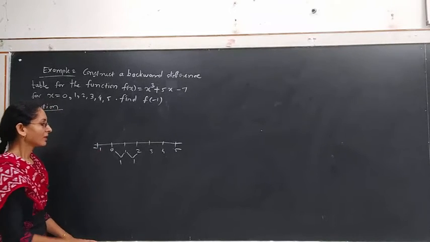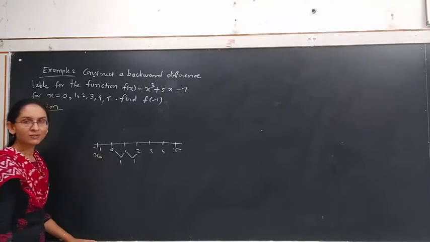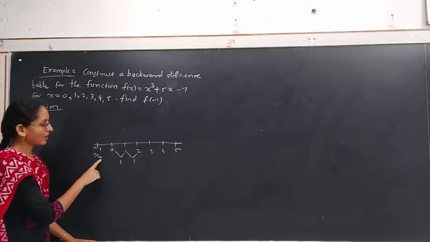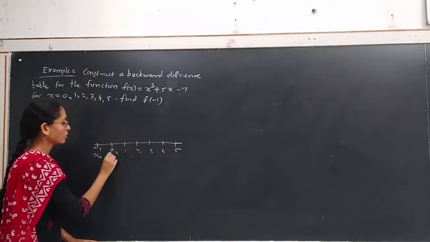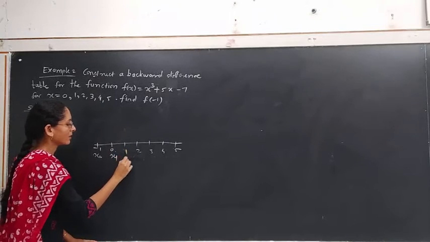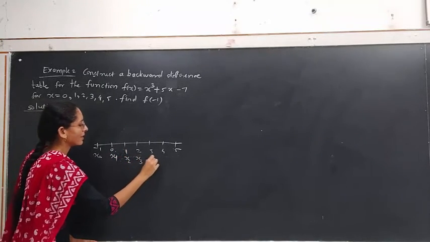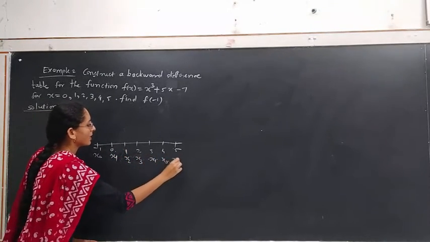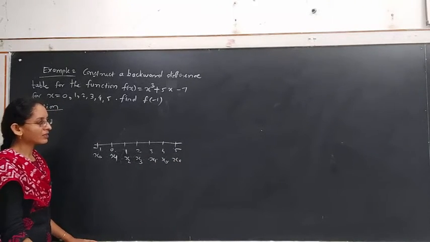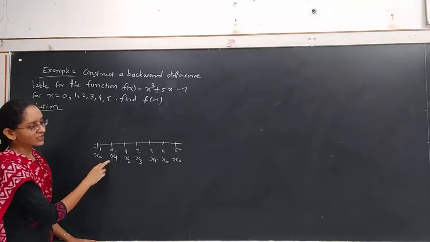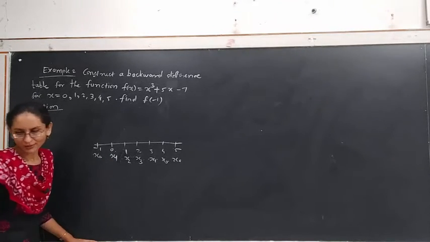So we consider the value of x0 as minus 1, starting with minus 1. We consider the values of x as x0, x1, x2, x3, x4, x5, x6. Hence there are 7 values of x, and we consider a backward difference table for these values of x.